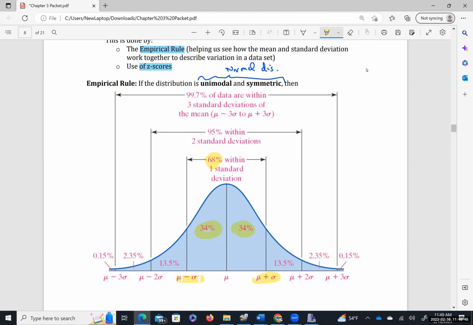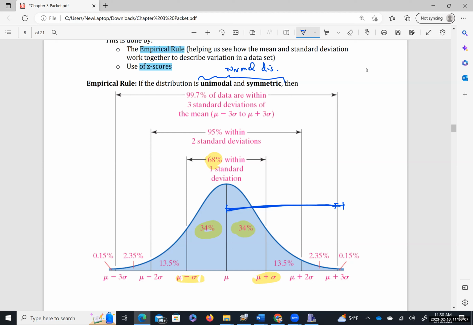One more thing you may have to know is that since it is symmetric, half of all the data from the mean will be 50%.